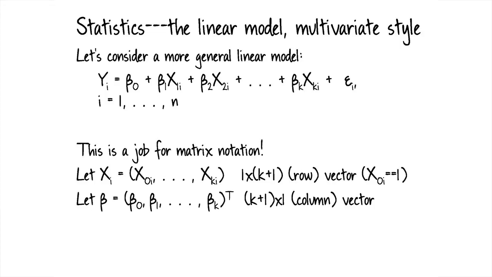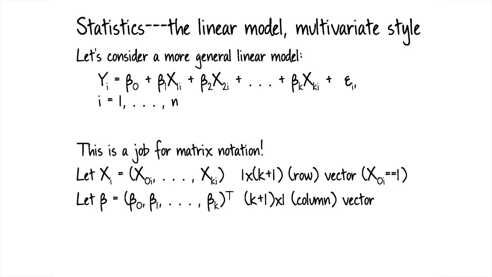The reason we do this is because implicitly in the bivariate regression, we had beta naught times 1. We never had the 1 there, but there was implicitly a 1 multiplying beta naught, and then we had beta 1 times x sub i. Well, here we want to explicitly have the 1 in that first spot so we can do everything in matrix notation, okay? And so let's replace this whole parade of x's with a row vector.